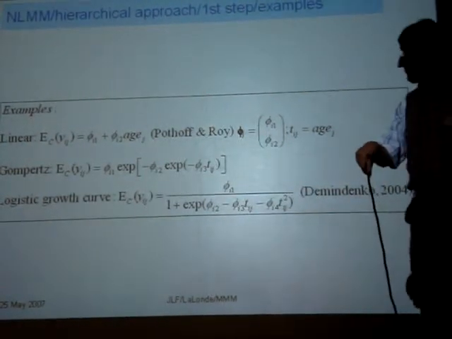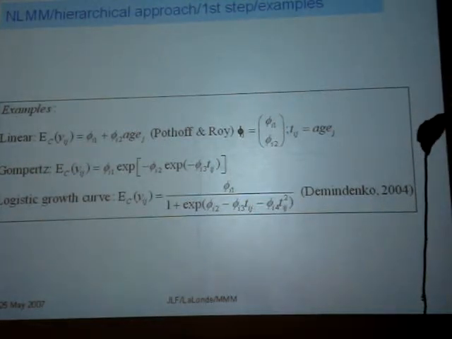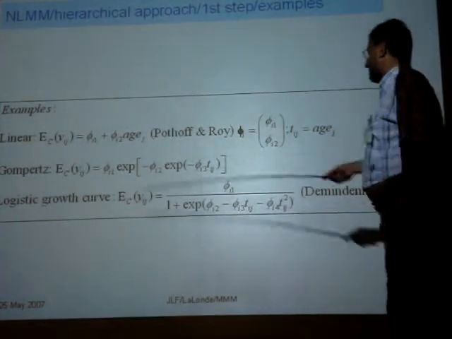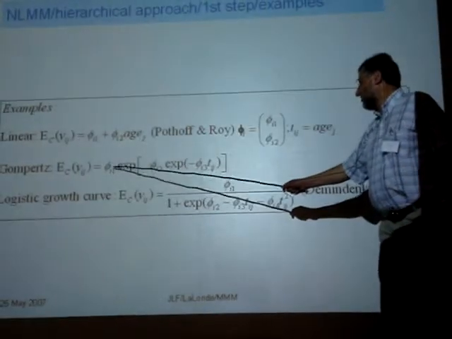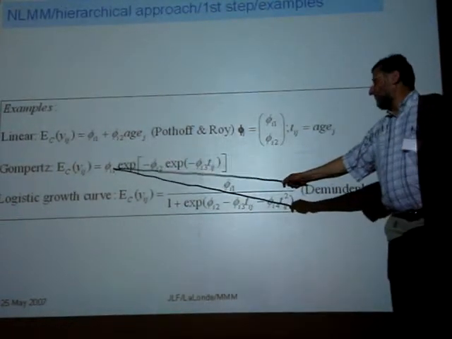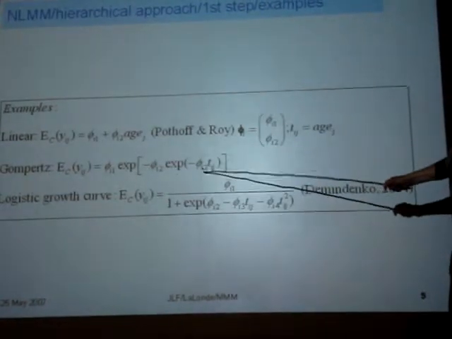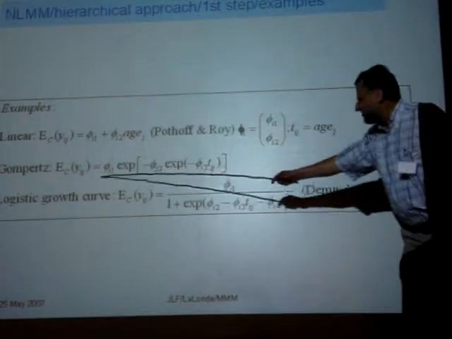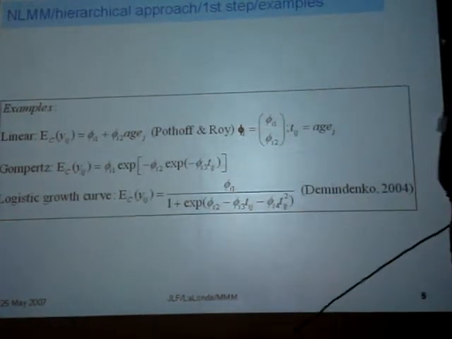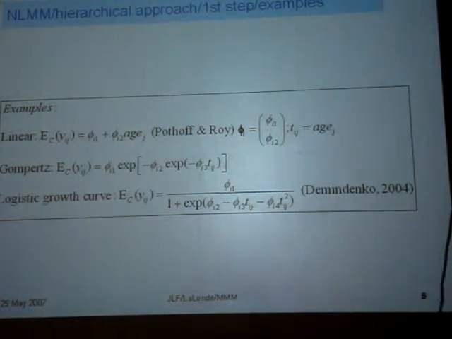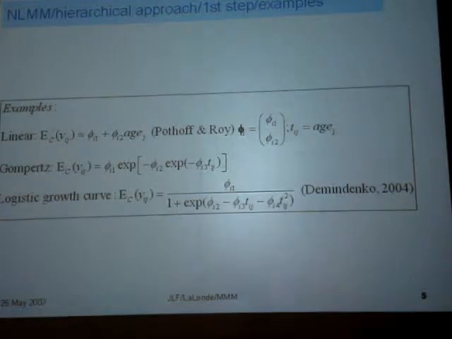We'll see today another example, a real nonlinear example, describing growth curves via the Gompertz function. Gompertz function has this form, one of these forms. It involves three parameters, phi1, phi2, phi3, according to this expression, phi1 exponential minus phi2 exponential minus phi3 tij.